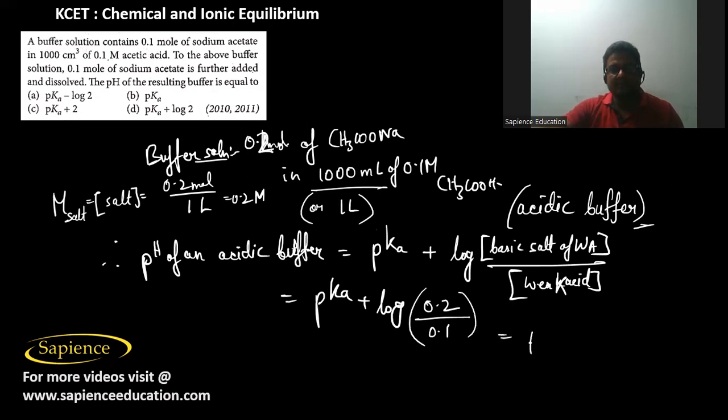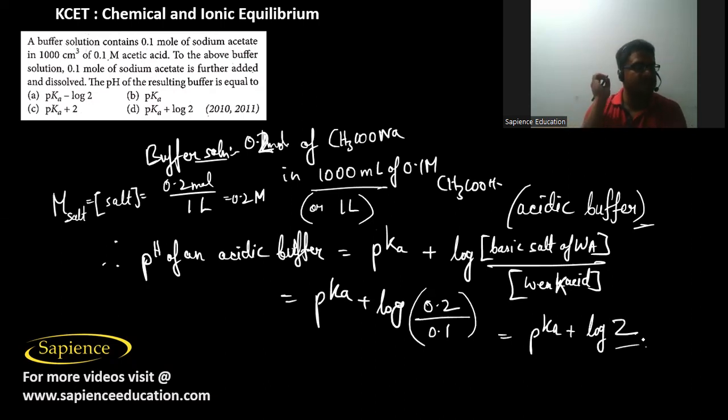So this will be equal to pKa plus log 2. pH will be equal to pKa plus log 2. So option D is the correct answer.